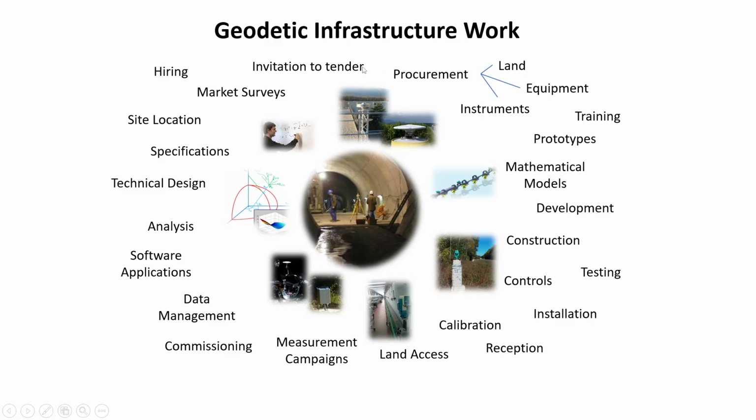Invitation to tender, hiring, market surveys, site location, specifications, technical design, analysis, software application, data management, commissioning, measurement compliance, land access, calibration of instruments, reception, installation, controls, testing, construction, development, mathematical modeling, prototypes, and procurement.